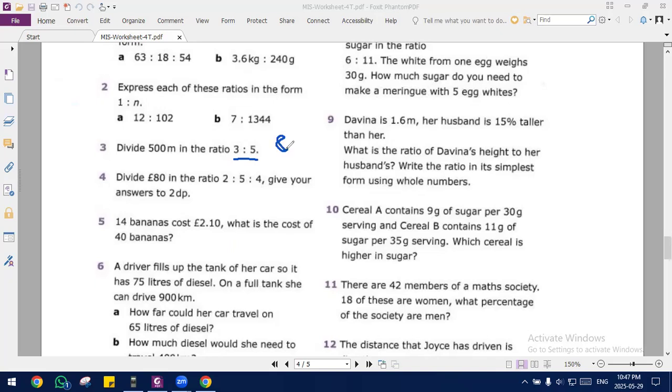Step number 2, divide 500 by 8 to know each part how much should get. So 500 divided by 8, you can first divide it by 2, and then by 2, and then till you find the answer, okay? 500 divided by 8 is 62.5.